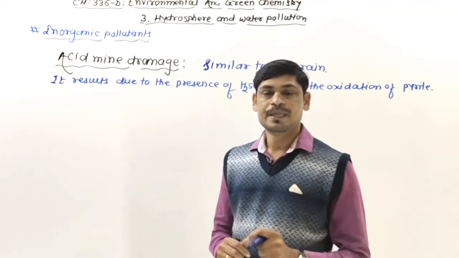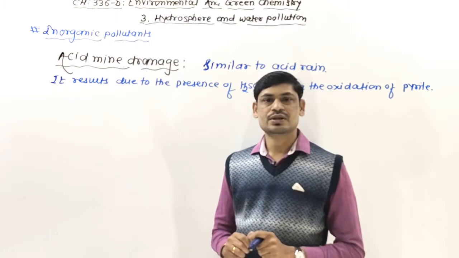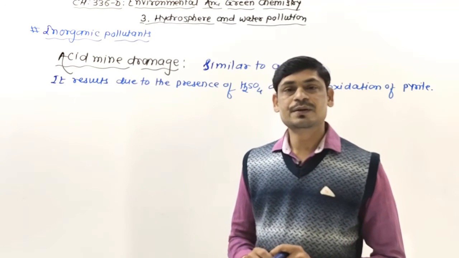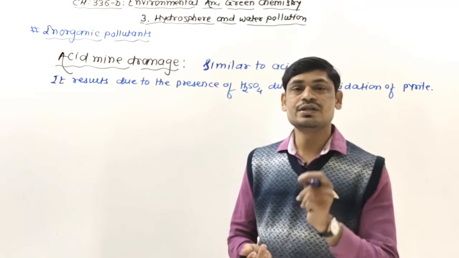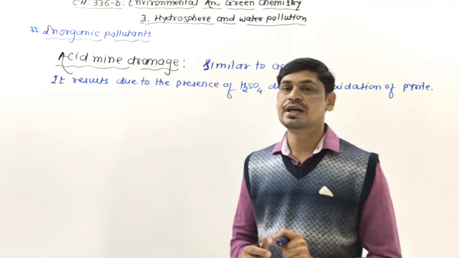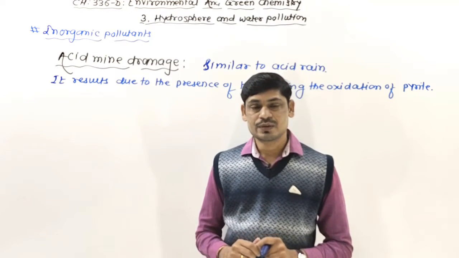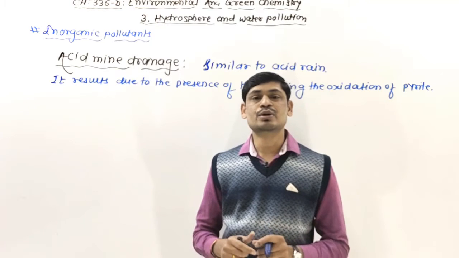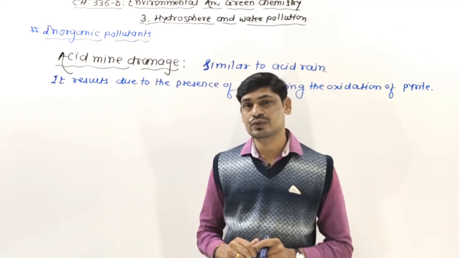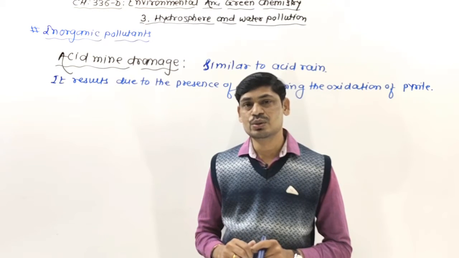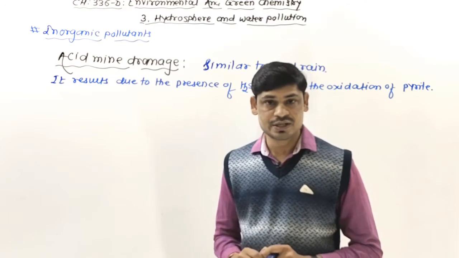In the second step, Fe2+ is oxidized to the corresponding Fe3+, and in the third step, Fe3+ reacts with water to form a yellow colored precipitate, meaning a yellow deposit of ferric hydroxide. This yellow deposit of ferric hydroxide forms a bed at the bottom of a stream of water or drainage water, and this phenomenon we call acid mine drainage.